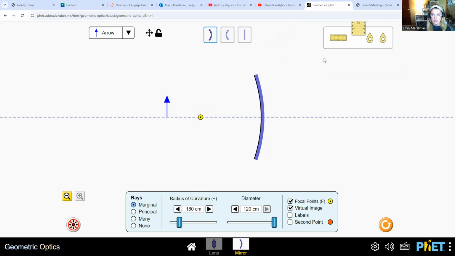And let's make a prediction about where the image will be located for this concave mirror. So let me go back to my whiteboard.